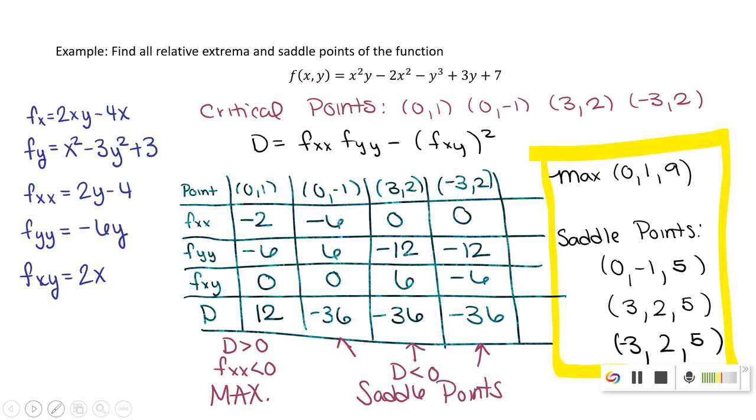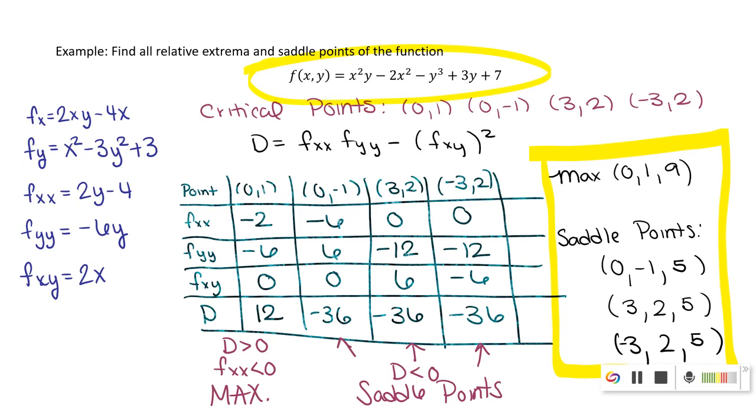For completeness then, I went ahead and found the z values, the f of x, y values, to write my answer. So if you take (0, 1) and plug that into the function, you should get an output of 9. So I have a max at the point (0, 1, 9). And then for my saddle points, I took x equals 0, y equals -1 and plugged it into that original function.